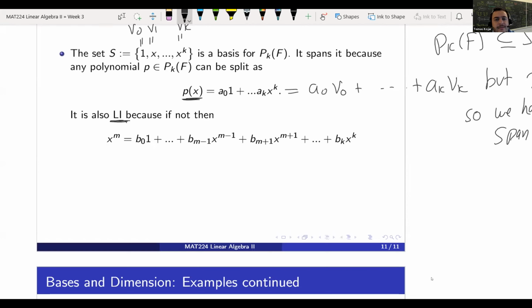So assume you have dependence. Now, what does dependence mean? It means that you can write one of the powers, like x^m for some m, as a linear combination of the other powers, where we skipped the x^m. All right.